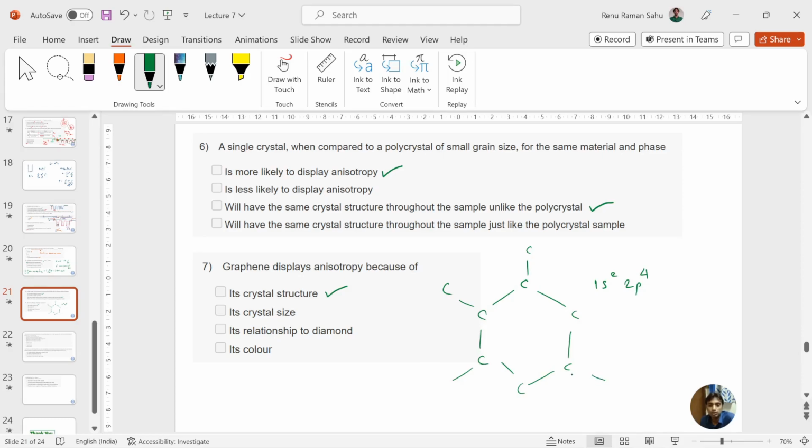Here is an orbital, here is an orbital, here is an orbital. This electronic structure that I have written is just for the sake of your understanding.